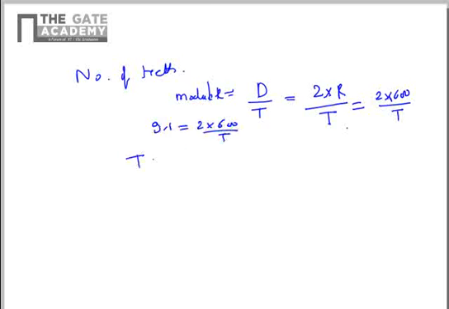To simplify this, we get T nearly 133.1. Taking the whole number just below this, the teeth on the wheel are T equal to 133 teeth.